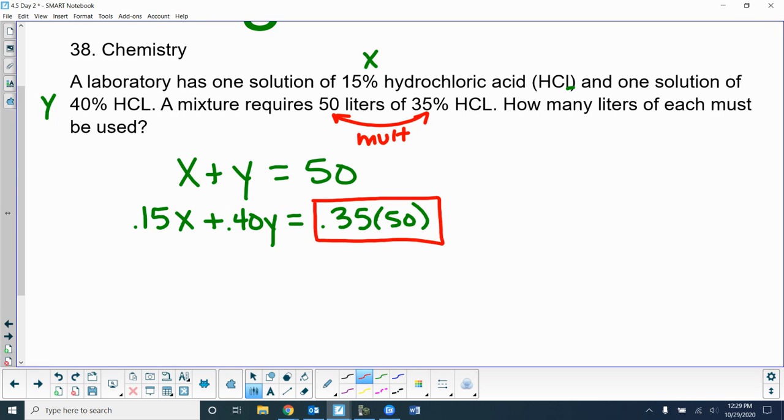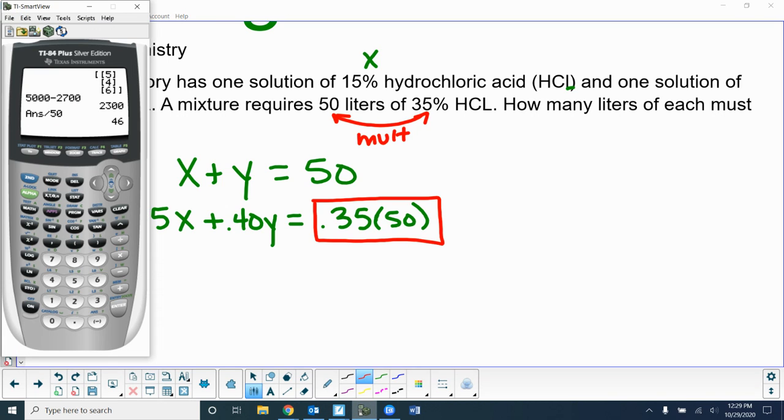Okay? So when we go into our matrix, hit edit. It's back to a 2 by 2, right? All right, so it's 1, 1, that's 0.15 and 0.40, right?